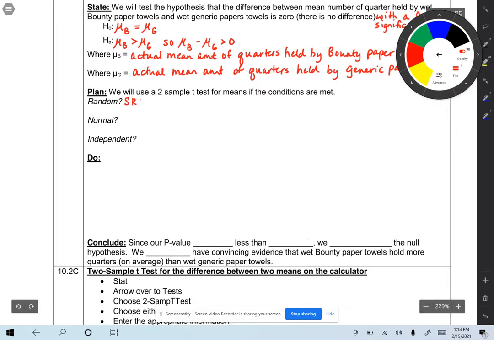For the random sample, there's a simple random sample of 30 Bounty paper towels. And a simple random sample of 30 generic paper towels.